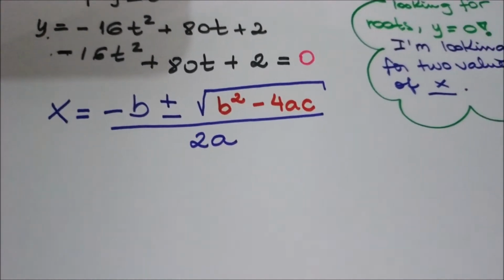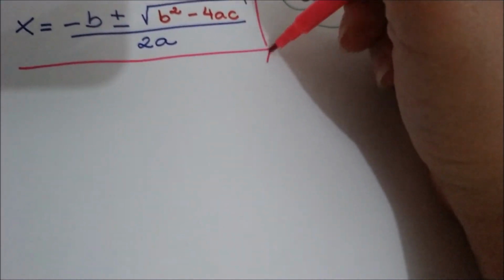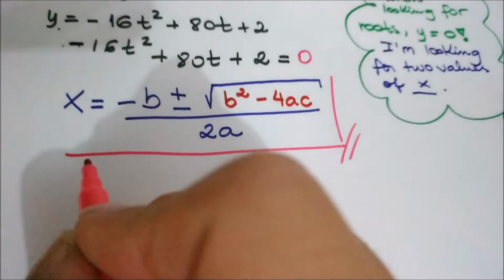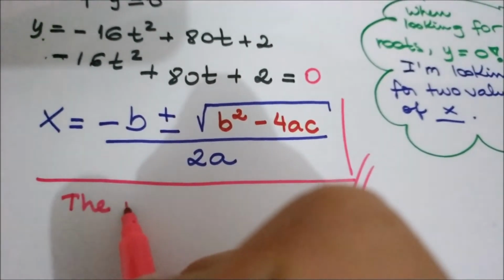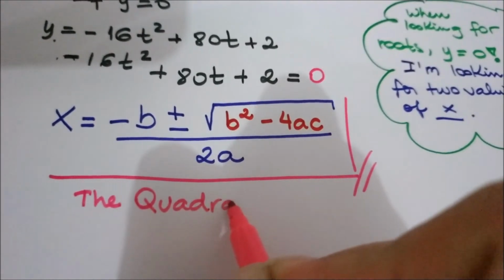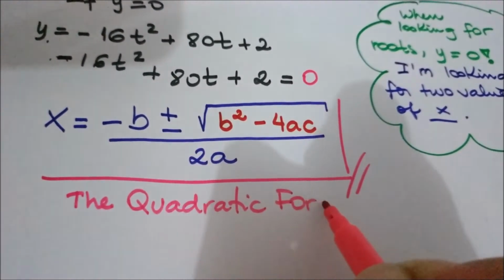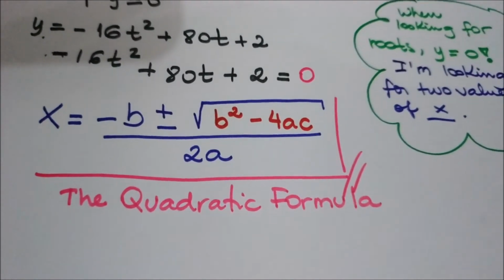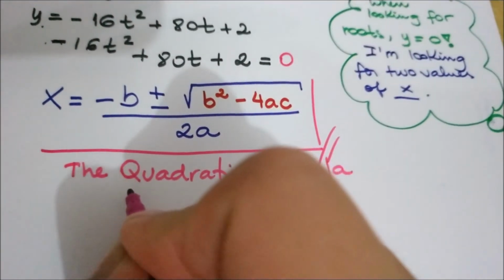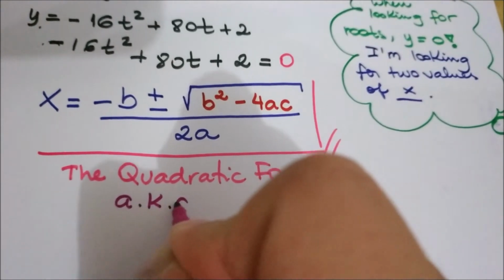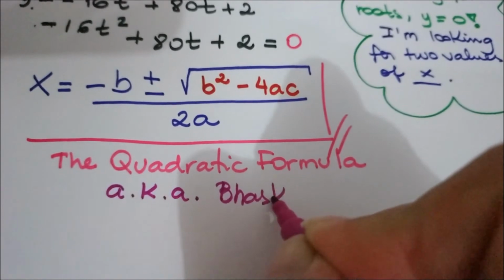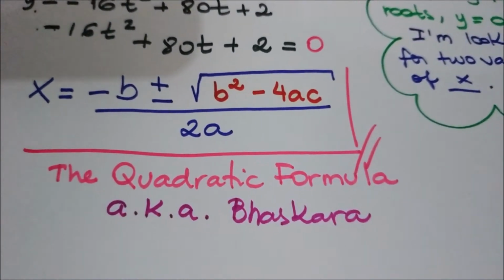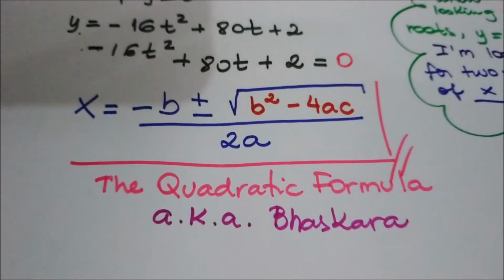Yay! That's it. Welcome, Bhaskara. This guy is the quadratic formula, also known as Bhaskara. Beautiful, isn't it?